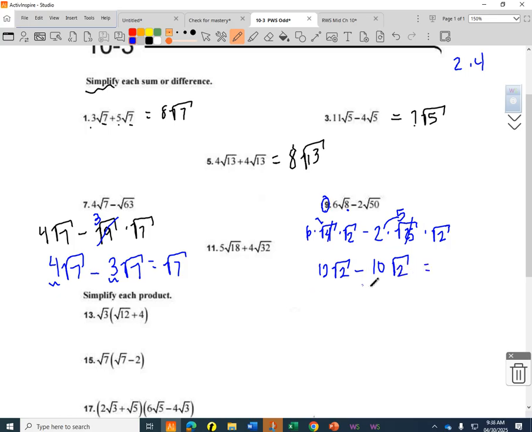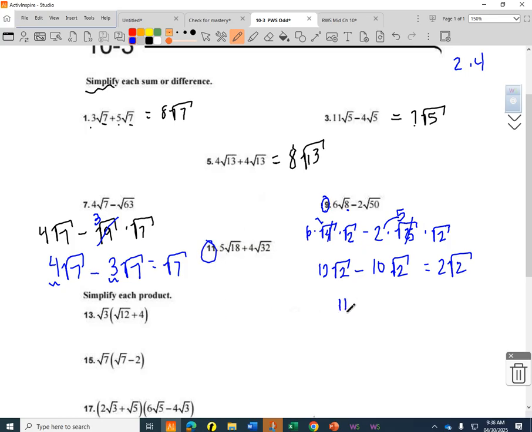What's 12 square root of 2 minus 10 square root of 2, Brooklyn? 2 square root of what? Yes. Any questions? Number 9?